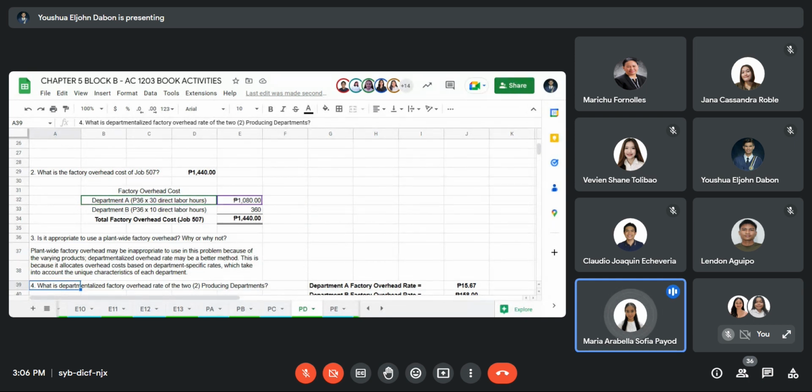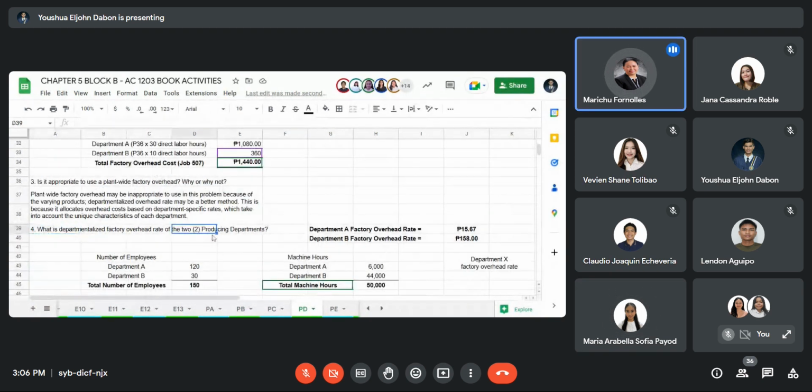Now for department B, you multiply 36 times 10 equals 360, and you add 1080 plus 360 equals 1440. So that would be the factory overhead cost for job 507. Or you simply multiply 36 pesos per DLH times the total of 40 DLH. Yes, miss.